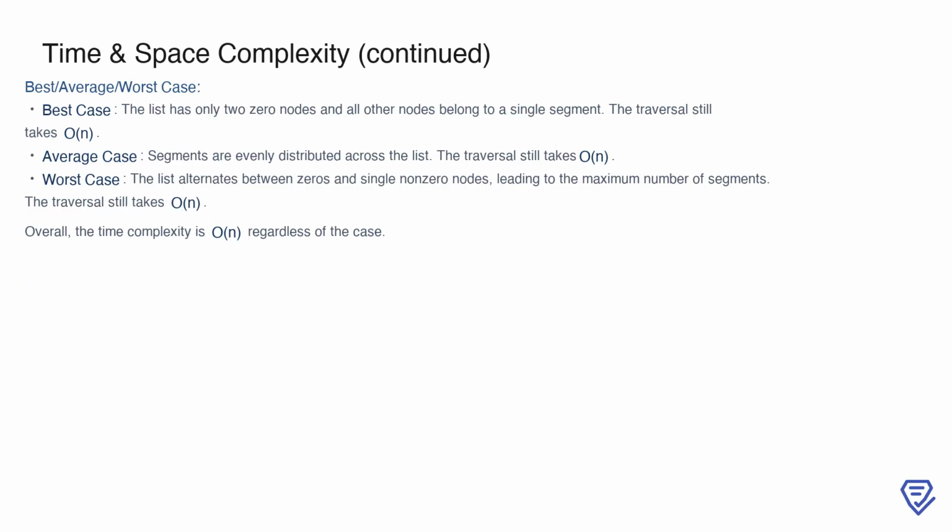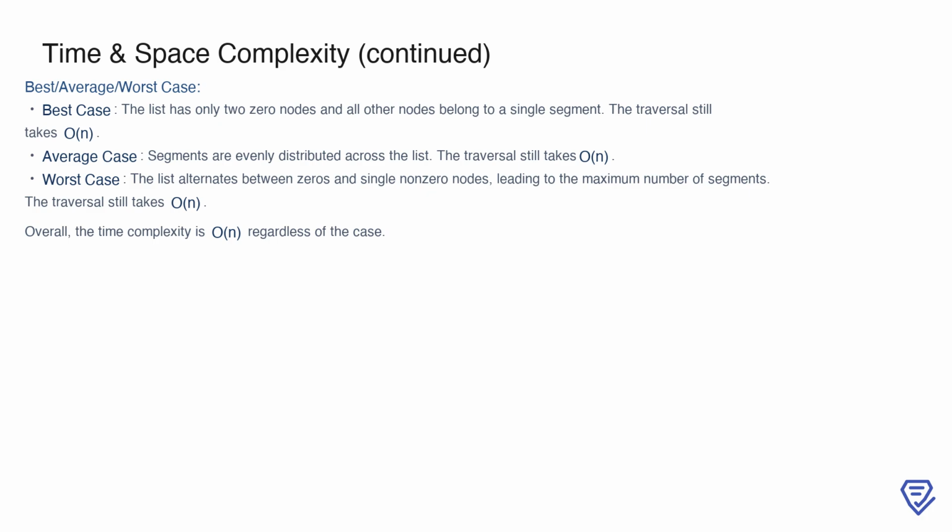Now, let's analyze the time complexity across different scenarios. In the best case, the linked list contains only two zero nodes, with all other nodes belonging to a single segment. Even in this scenario, the traversal still takes O(n), because we visit each node once. In the average case, the segments are evenly distributed throughout the list, but again, the traversal cost remains O(n).